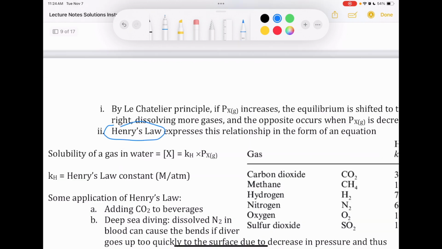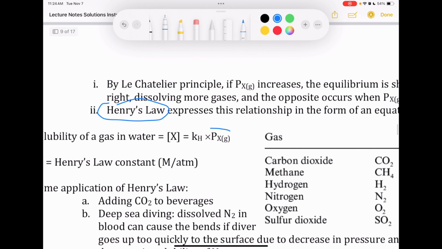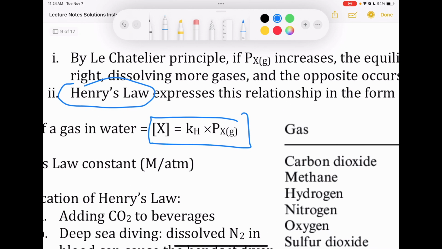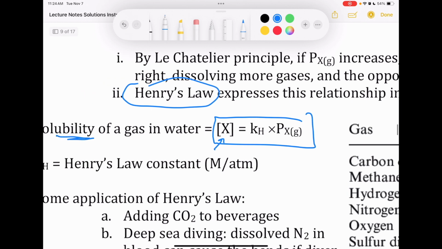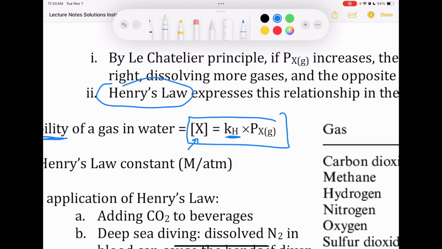This is called Henry's law, and it's simply given as this equation right here, which is just the concentration of a gas that's dissolved in water, which we can also call the solubility of that gas in water, is equal to a constant, which we call the Henry's law constant, times the pressure of the gas that exists at equilibrium with the solution.